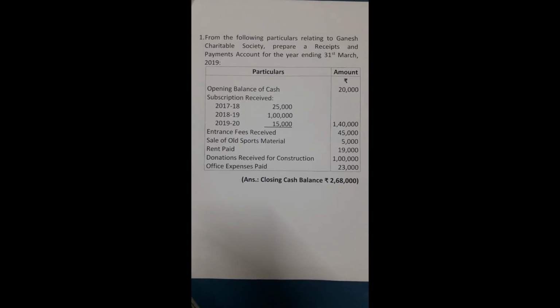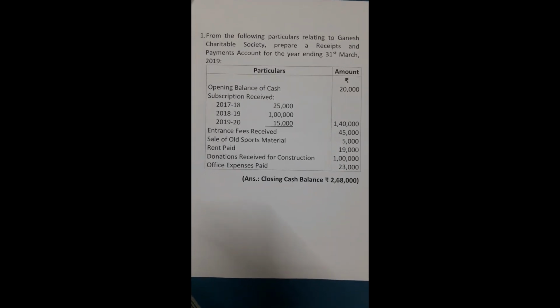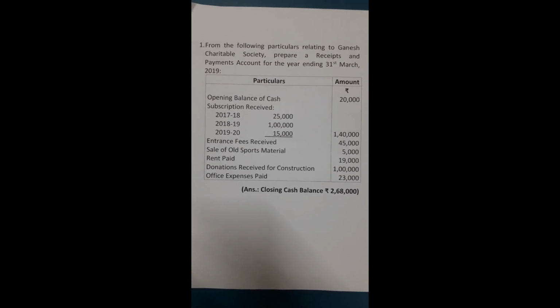From the following particulars relating to Ganesh Charitable Society, prepare a receipts and payments account for the year ending 31st March 2019.